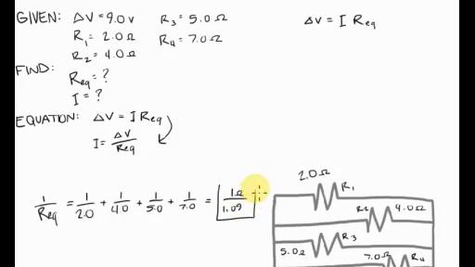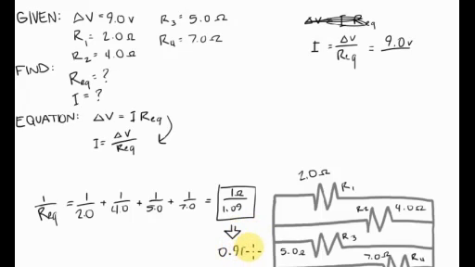Now we solve for I. So I lied, we're not actually using this one, we're using the rearranged version. I equal to delta V over equivalent resistance. For that, we're going to use our delta V up here, 9.0 volts, over what we just calculated, the inverse of this, which I should have written, which is 0.917 ohms.